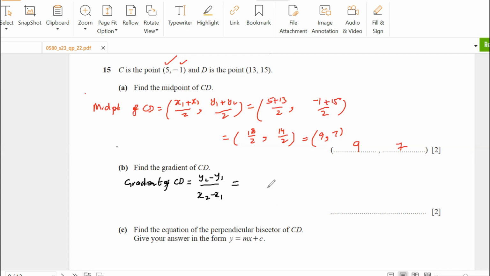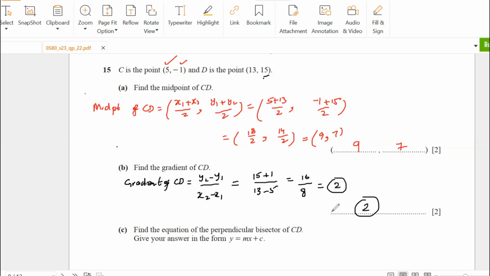So y2, we already know, is 15, because the CD points are given. So 15 minus minus 1 over 13 minus 5, meaning 15 plus 1 is 16, and 13 minus 5 gives me 8. So 16 over 8 is equal to 2. So our gradient is 2.